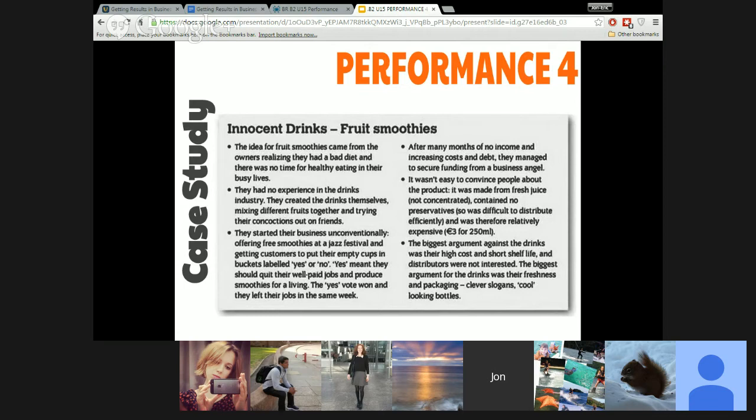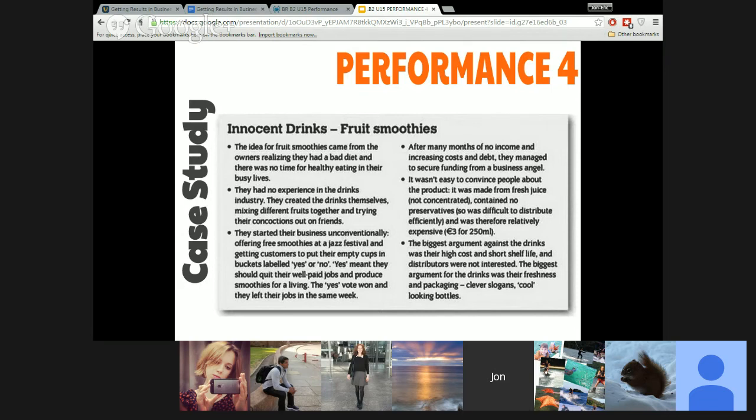The stress is on the first syllable. Yeah. Managed. That's right. That's it. Managed to secure funding from a business angel. It wasn't easy to convince people about the products. It was made from fresh juice, not concentrated, and contained no preservatives, so it was difficult to distribute efficiently and was therefore relatively expensive. €3 for 250 milliliters.